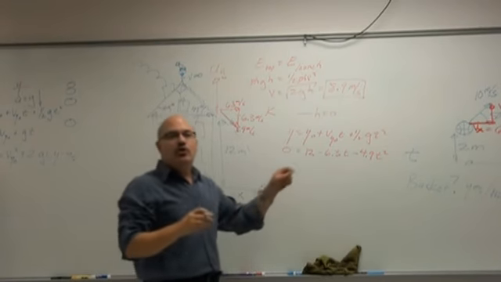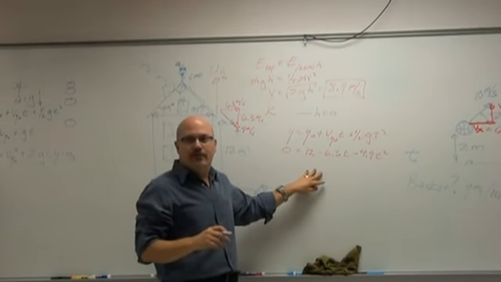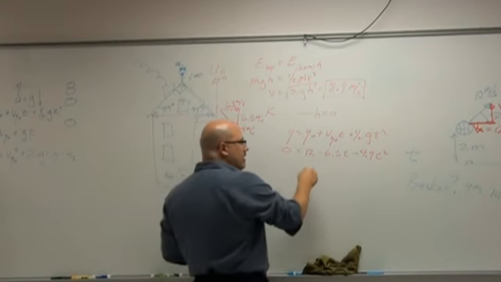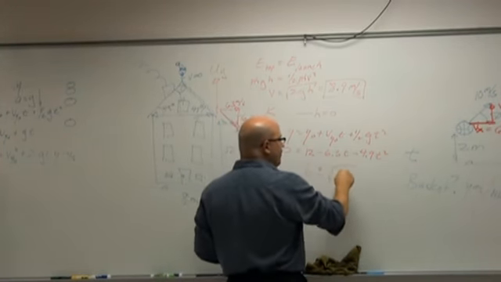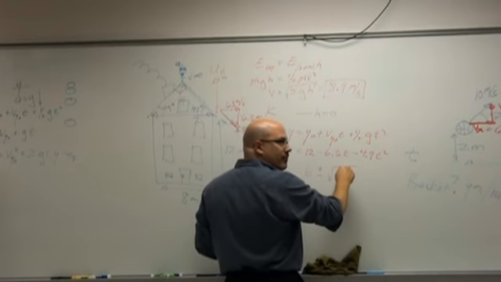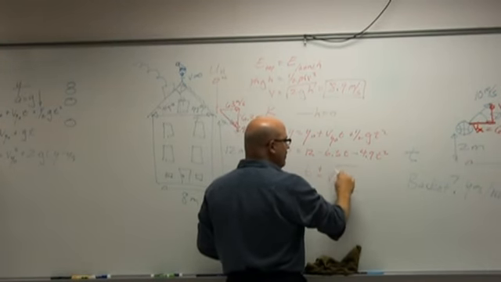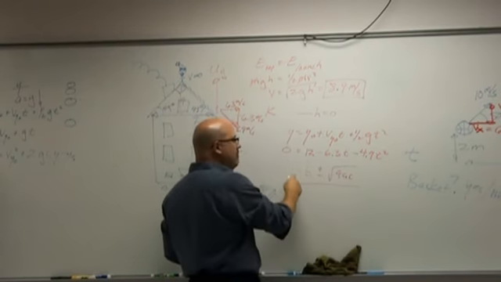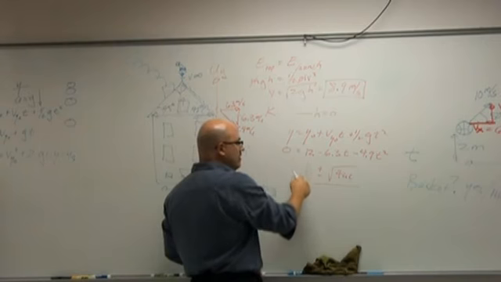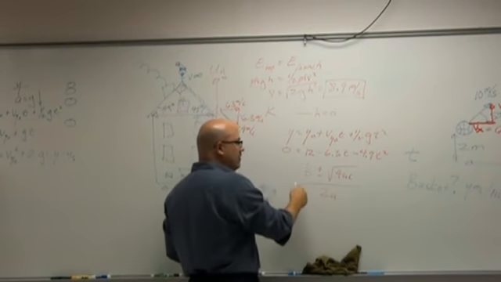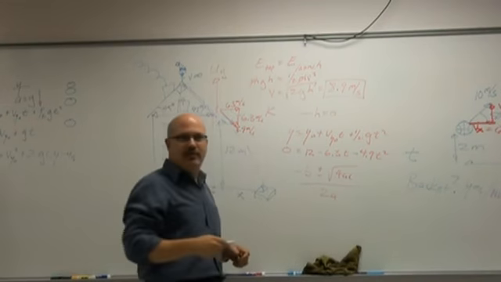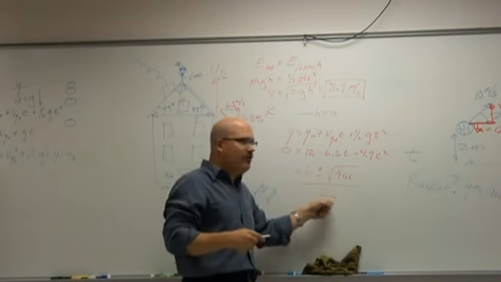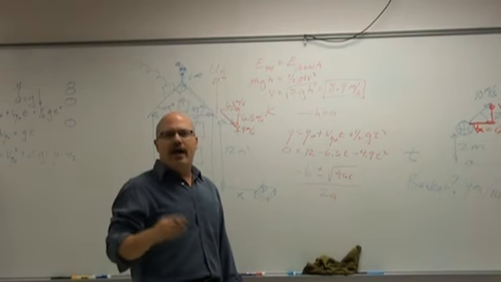Okay, here's the deal. You could use the quadratic formula, correct? Negative b plus or minus the square root of b squared minus 4ac, over 2a. Okay, hey, stop.